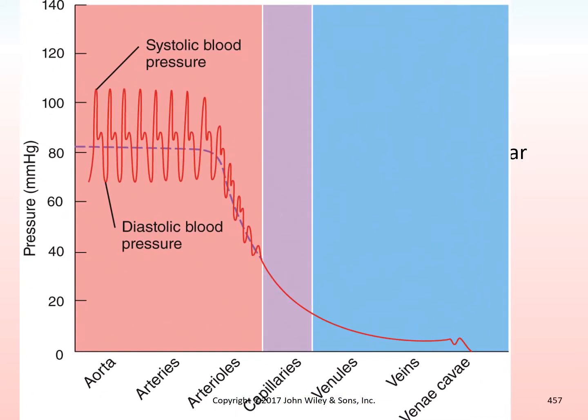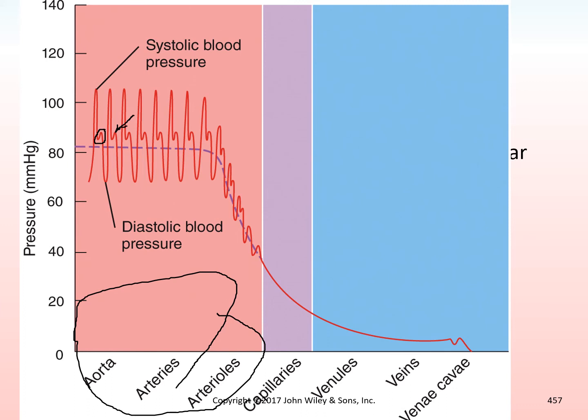This is showing the fact that in the arteries and the aorta and the arterioles, blood pressure goes up and down, up and down, up and down. This little notch here is thanks to the aorta, believe it or not, bouncing, recoiling. In other words, that little jump in pressure right there is due to the aorta bouncing back or recoiling.